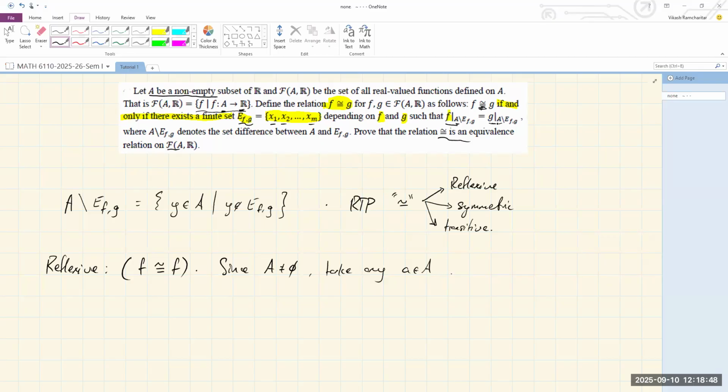So take any element of A and consider the set. I'm going to define the set E_F to be simply the singleton E. So this set is clearly finite. Remember, that's the condition, that this set must be finite.